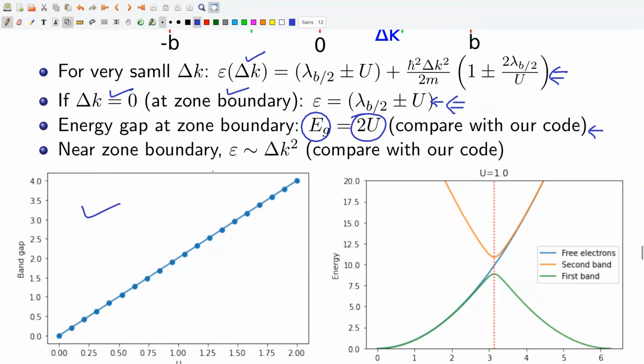Similarly, from our analytical result, we find that energy varies as delta k square near the Brillouin zone boundary. You compare with our code, and then we see that indeed the energy eigenvalues vary as k square near the Brillouin zone boundary. Thus, whatever we have observed with our numerical code is matching very well with the analytical expression.